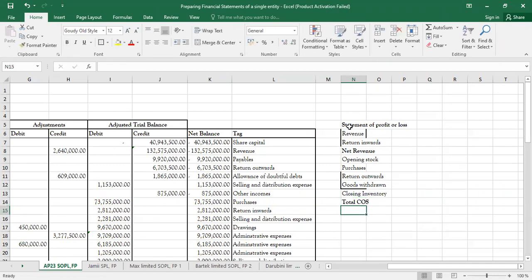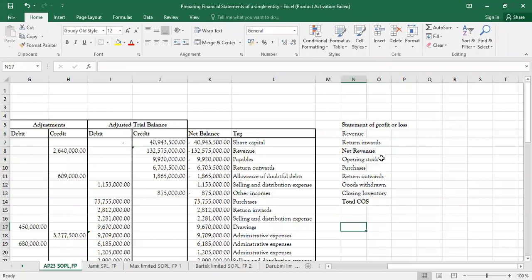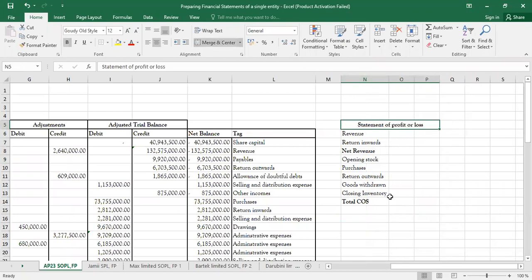Maybe I just remove the borders. So Alt HBN to remove the borders there. Then I'll merge the first one before I widen so that it looks clean at least. Then we go to other incomes.